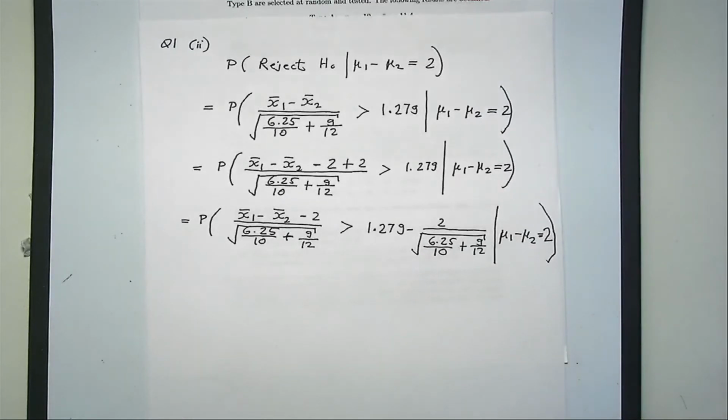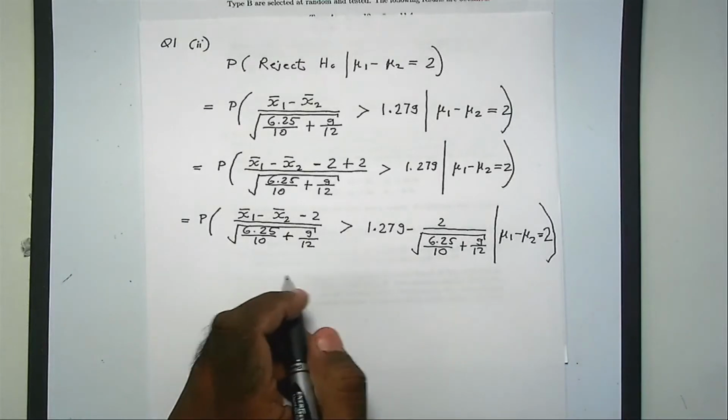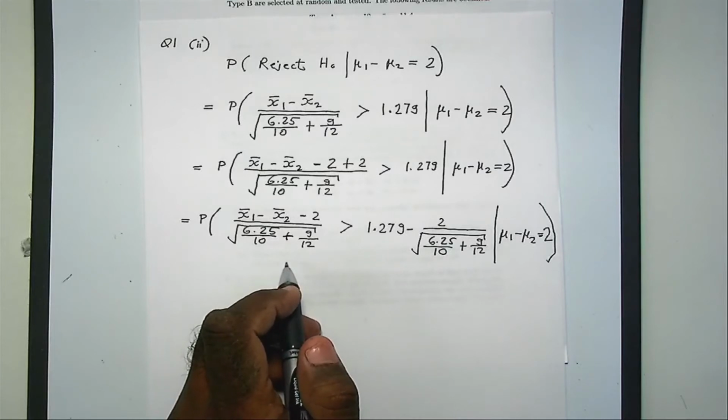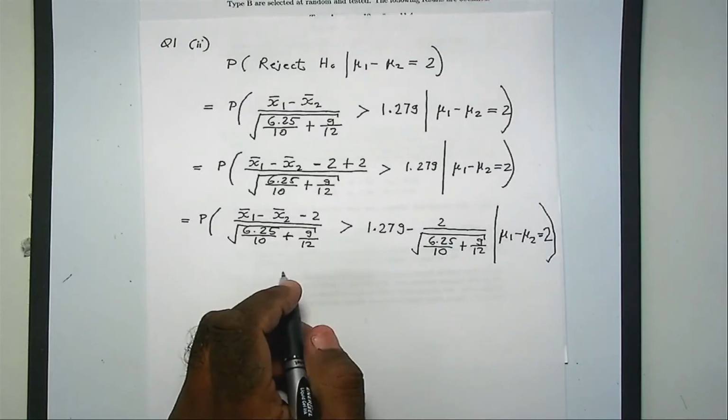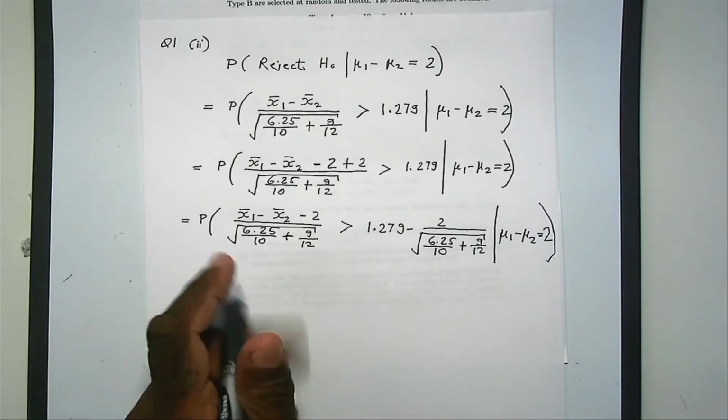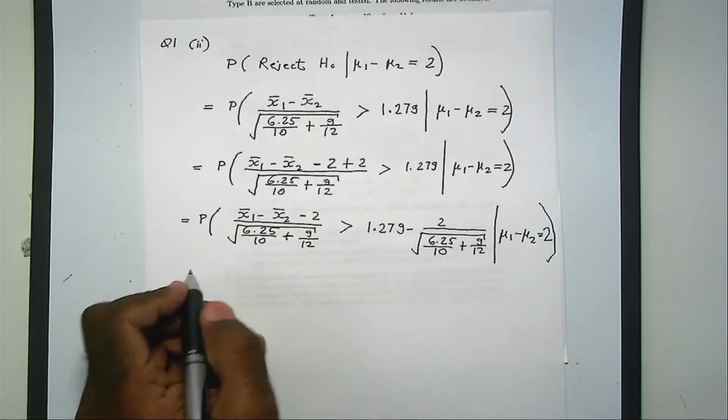Now, in the next step, I'm going to use a property that I mentioned in the lectures. Namely, if you look at the video on the normal distribution, you will see the following. Let me write down the property.